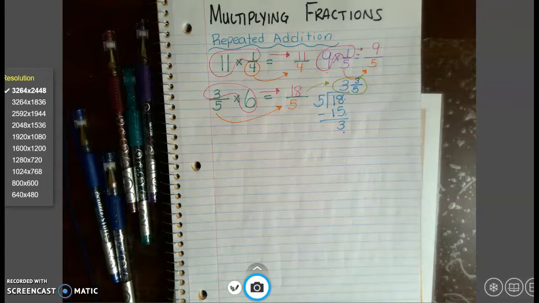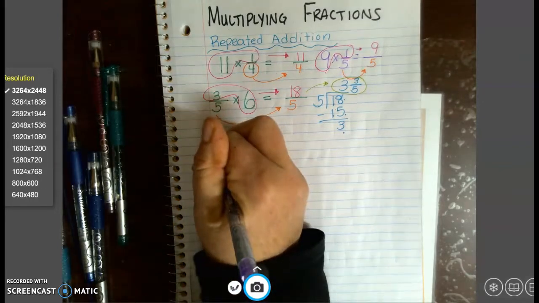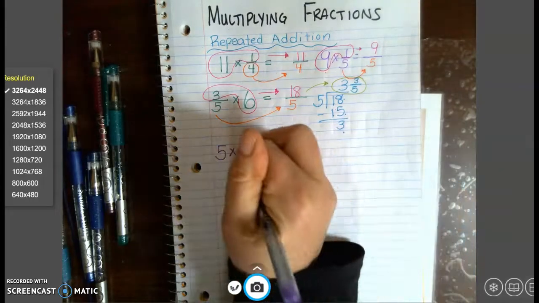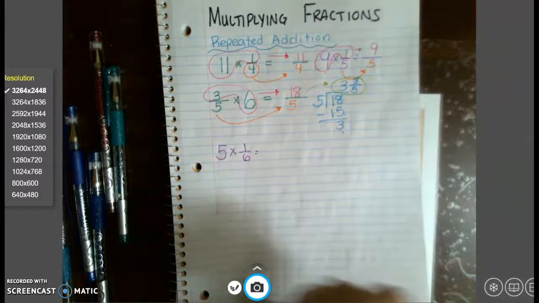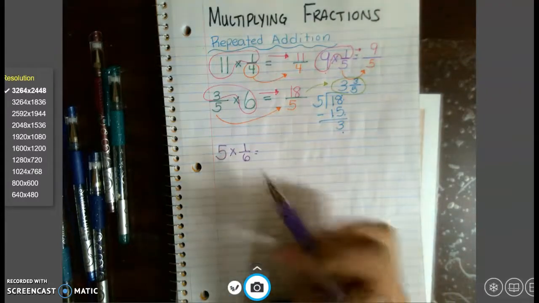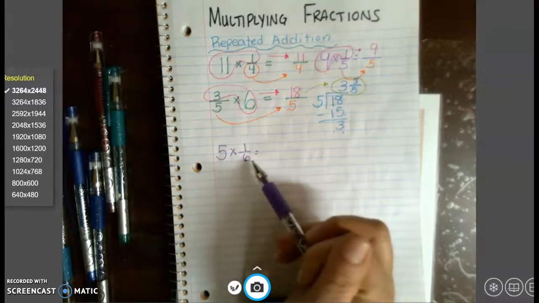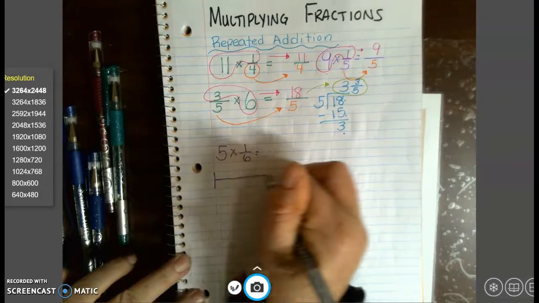Okay, so let me take a different color, just to separate it out a little bit. Okay, so let's take 5 times 1/6. There's my whole number. And I'm going to draw this on a number line. Okay. So I know with my unit fraction, I'm probably going to stay under 1. So this is going to be pretty easy peasy.